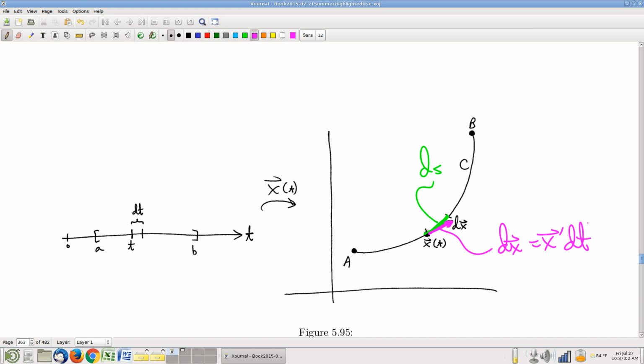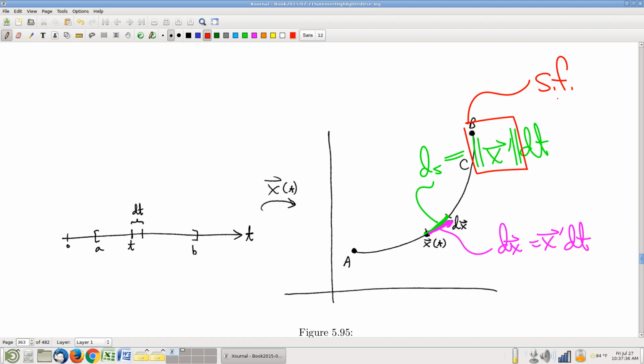Recently, for sure. So this is not new work. This is just recall. Everybody on board so far? Now we went to a little bit of extra trouble then to compute this ds. And just as a reminder, ds, we argued, was the magnitude of x prime dt, and then we interpreted this as our stretching factor. All this is old news.